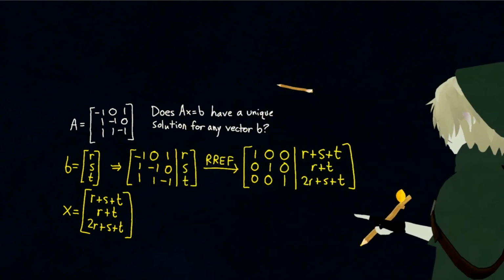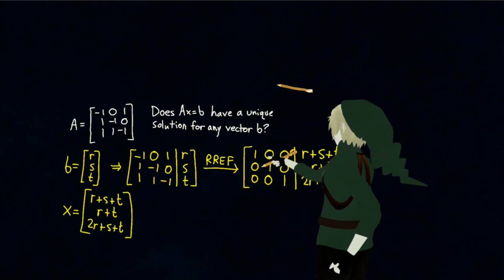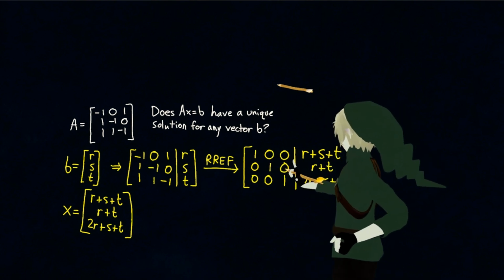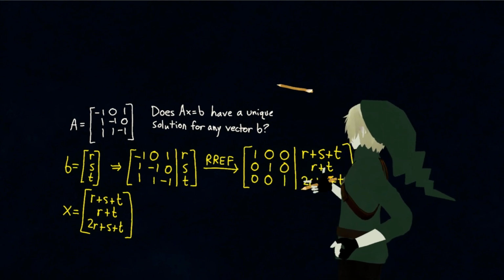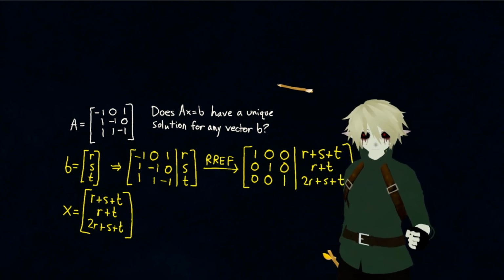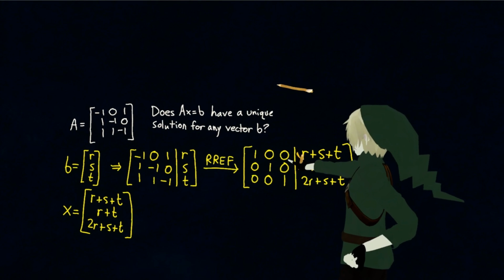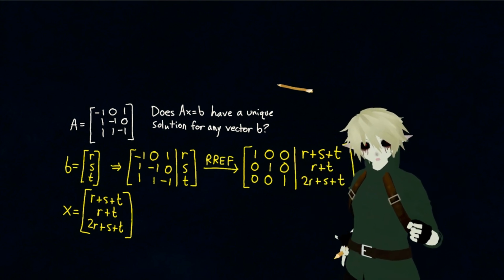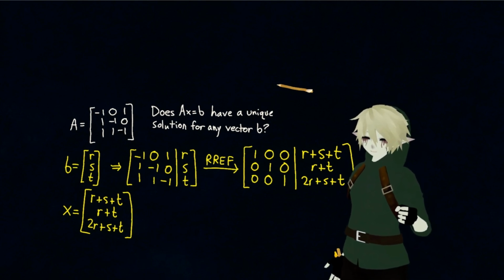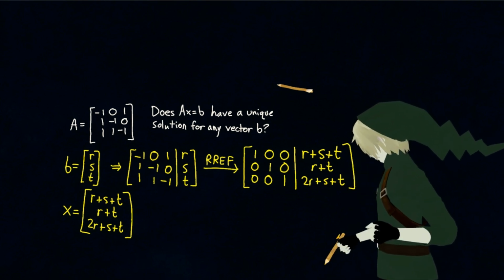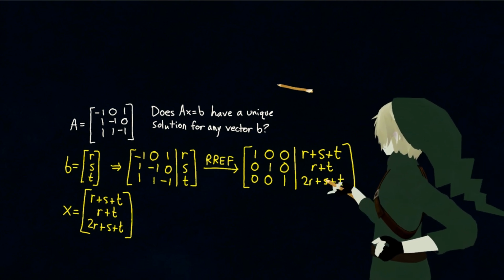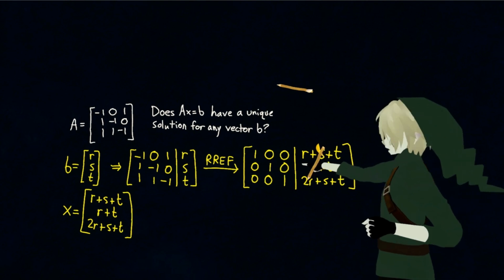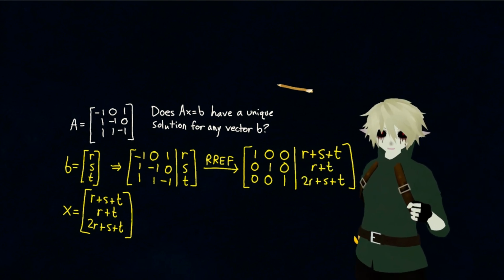Because this kind of immediately shows that there are no free variables. Because there are no free variables, then we do have a unique solution. If we do have free variables, then it's going to be just a little messier, and it would not have a unique solution. But in this case, thankfully, we do not have free variables.